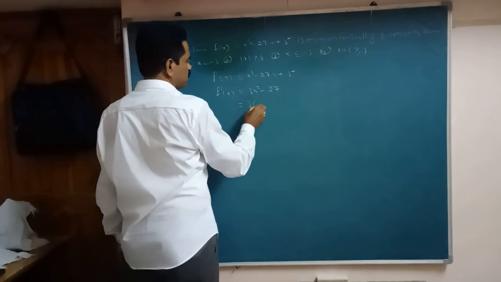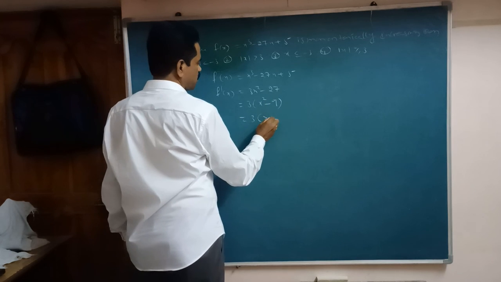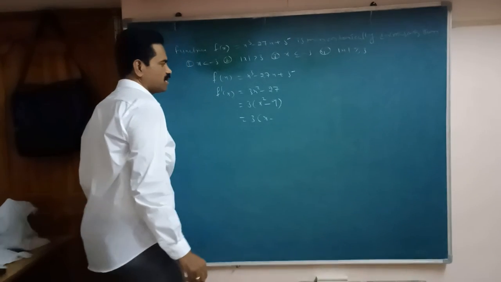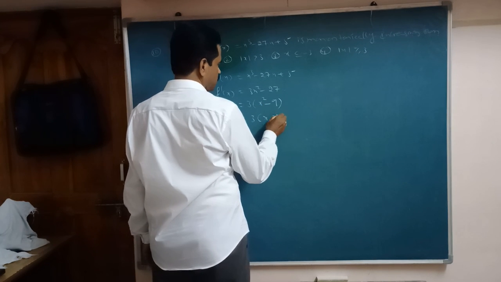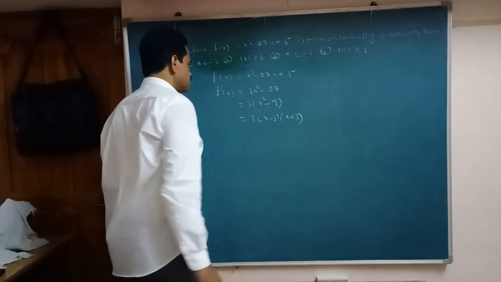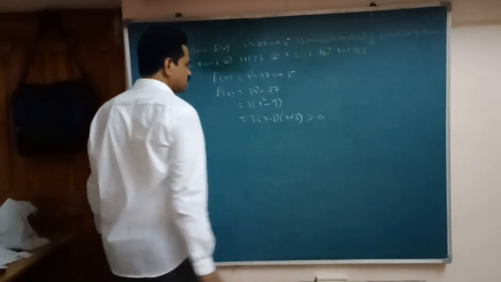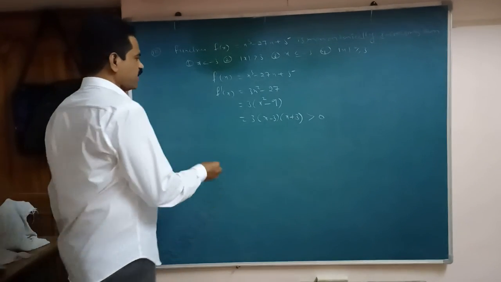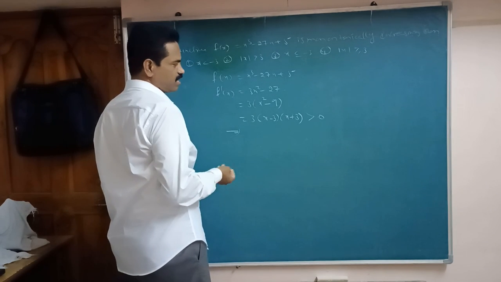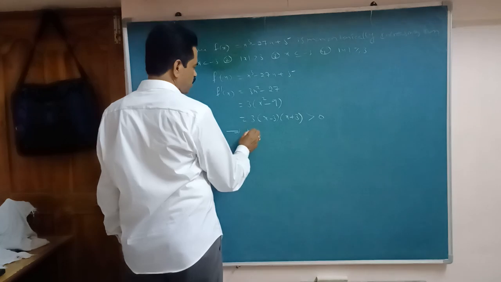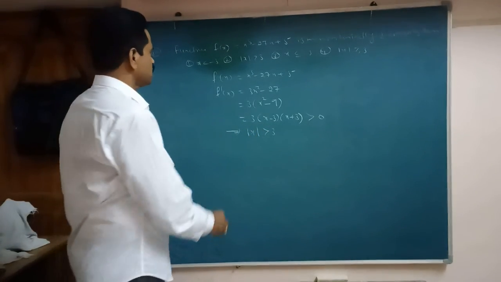Taking 3 common, x square minus 9, which we can write as x minus 3 into x plus 3. It is increasing when it is greater than 0. So x square minus 9 equal to 0 means x is plus or minus 3, so it is nothing but mod x greater than 3. So which option is correct here? Second option.